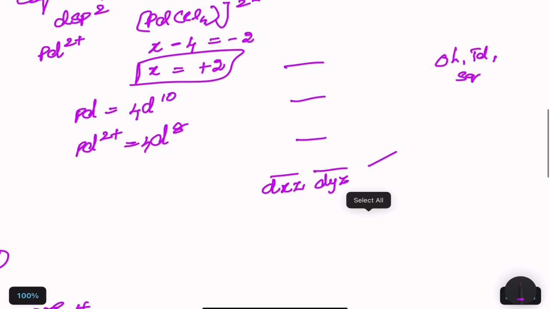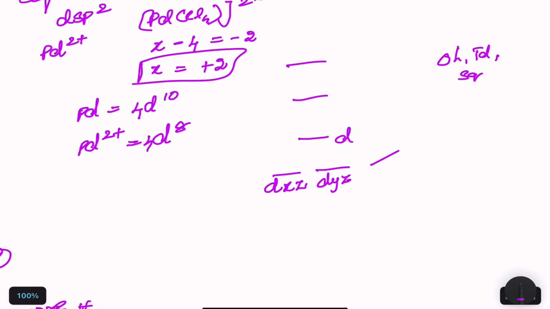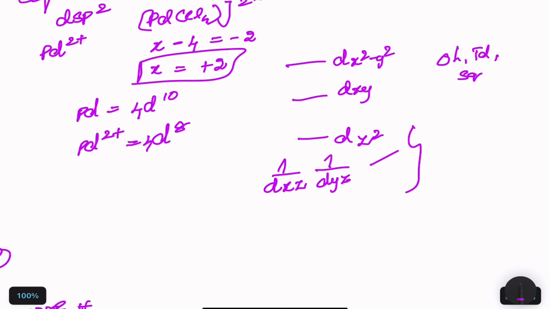Upside it will be dx2-y2 and then dxy, here dz2. Now I have to fill 8 electrons. 1, 2, 3, 4, 5, 6, 7, 8. As you can see, all are completely filled, all are paired basically. So it is diamagnetic in nature.